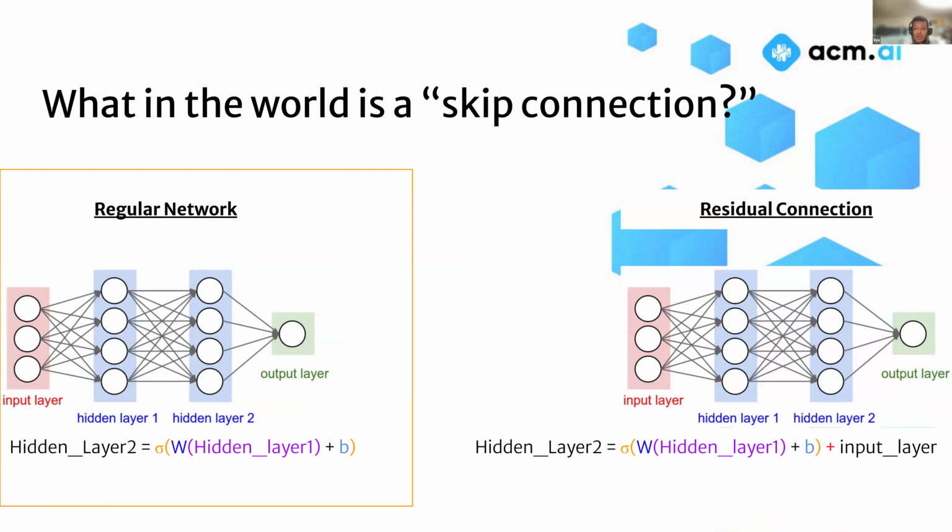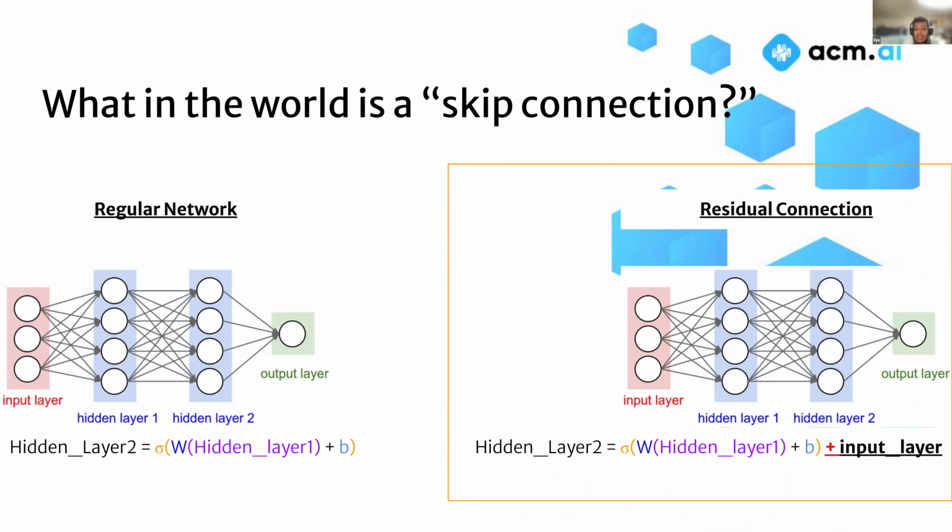Yep. So what in the world is a skip connection? Specifically, just to give you guys a glimpse, an example. On the left, we have a regular vanilla neural network. We have an input, hidden layer, to an output layer, right? Nothing special about this. And on the right-hand side, we have our residual connection, where we have two hidden layers.